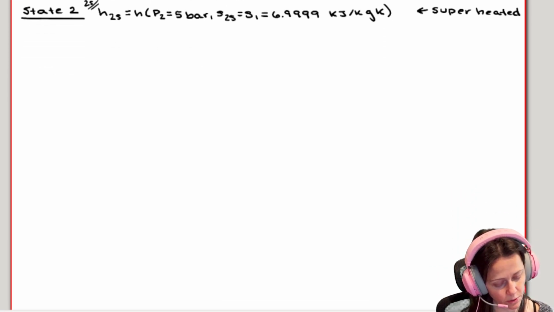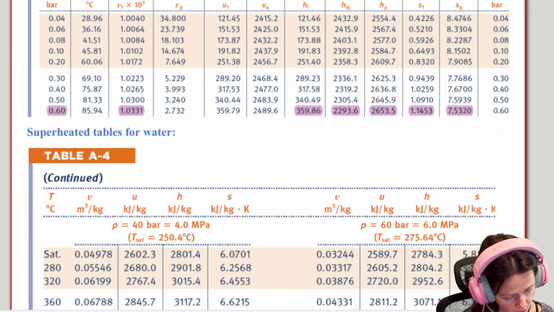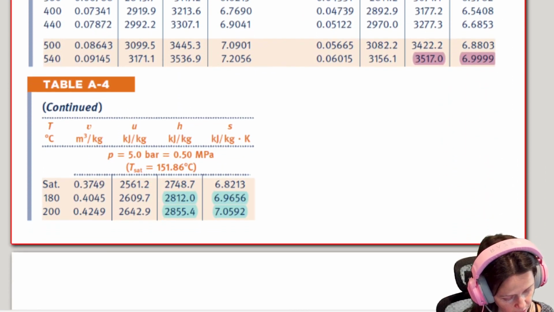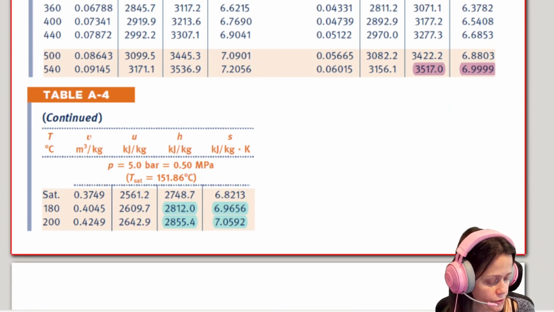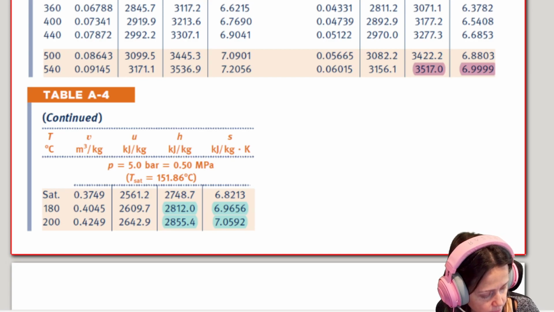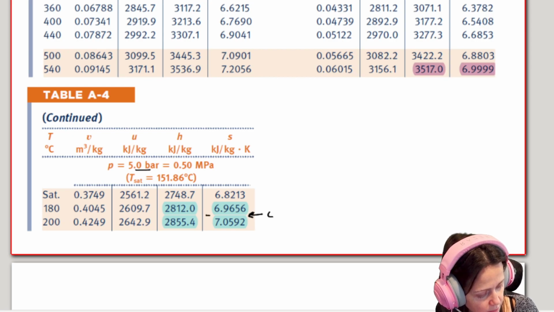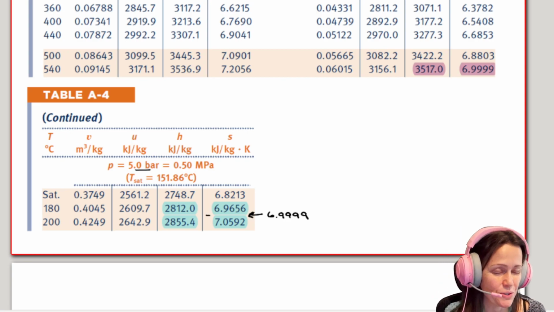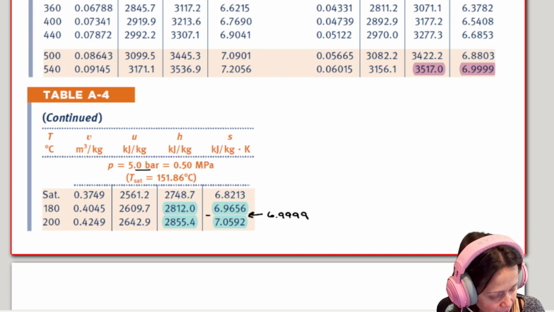So I'm going to go to my superheated tables. All right, so 5 bar, going to have to interpolate. At 5 bar, an entropy of 6.9999 kilojoules per kilogram K. You're going to have to interpolate.